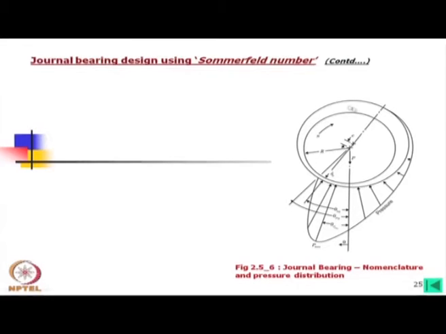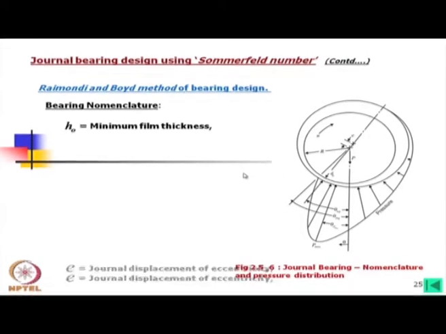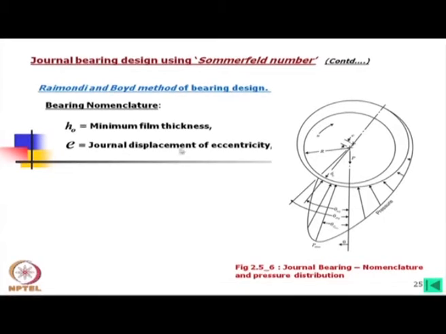Now, in a bearing, if you look into this, when it is operating, you will find there will be a minimum film thickness H0, and e is the journal displacement, this eccentricity, and there will be an eccentricity ratio.